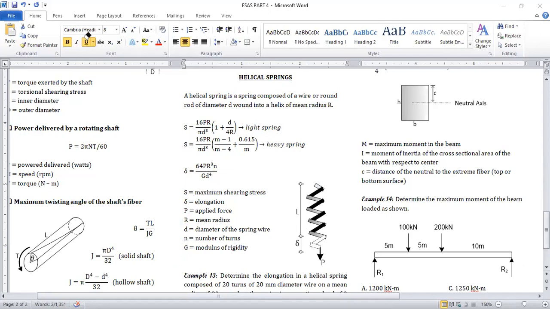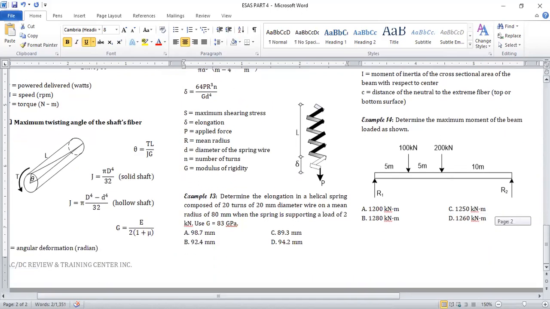Okay, so now we proceed to example number 13, as an example for a helical spring. In example number 13, determine the elongation in the helical spring composed of 20 turns of 20 mm diameter wire.